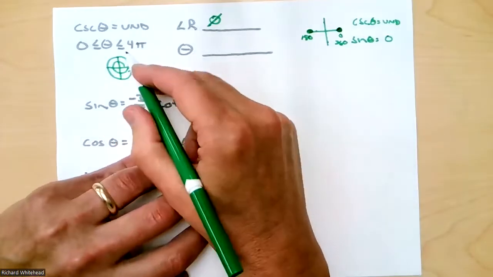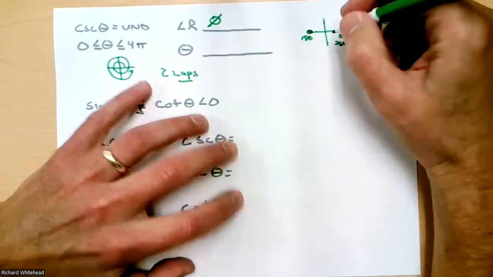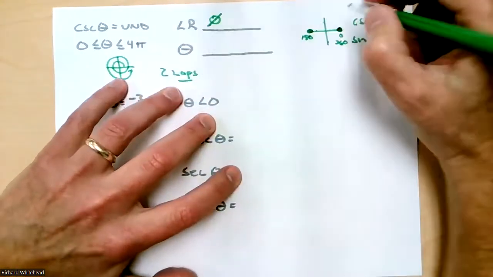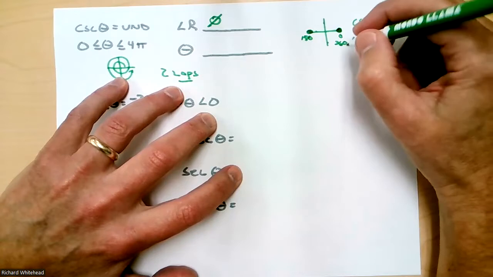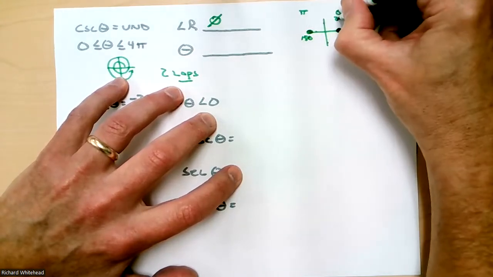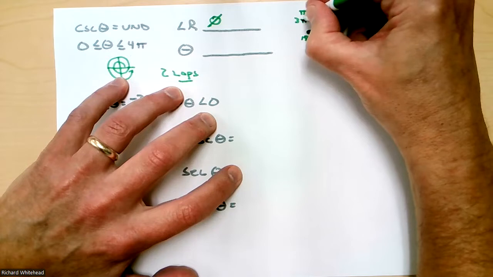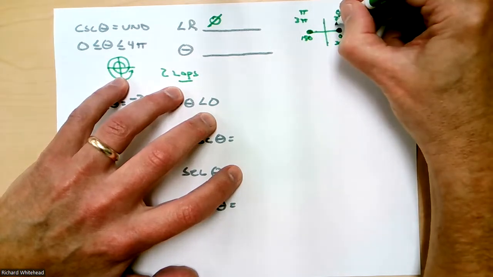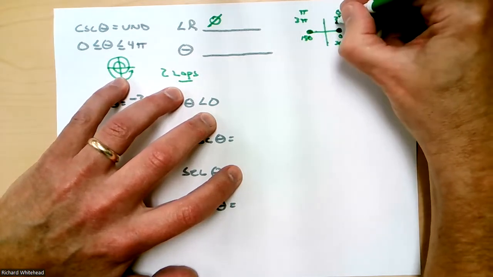Wait a second. I said to do it in pi. I specifically said on the answer here to do it in terms of pi. So that would be 0 pi, 2 pi, 3 pi, and then 4 pi.